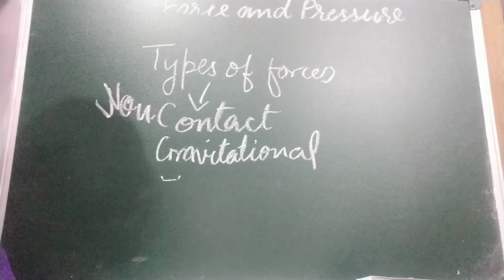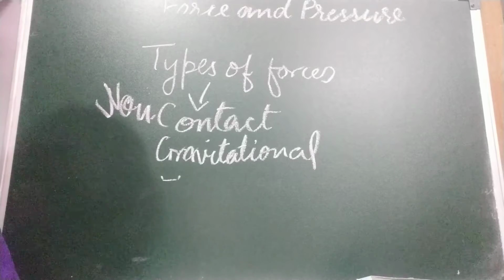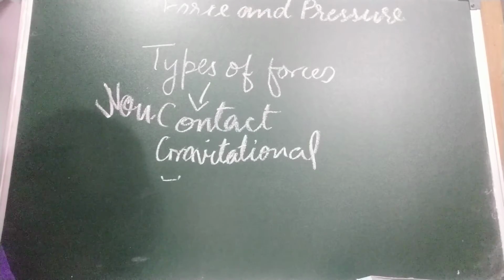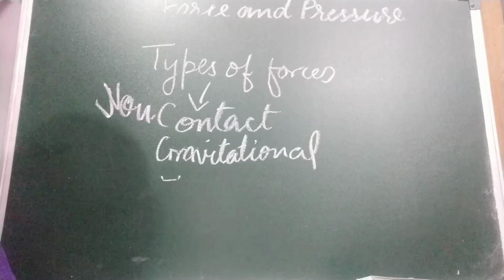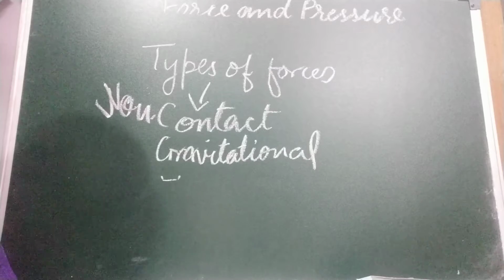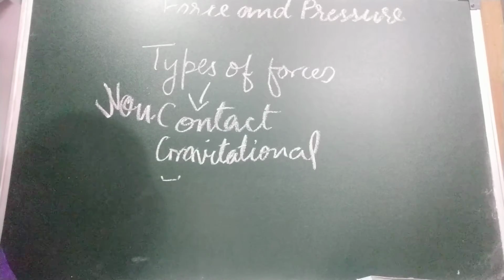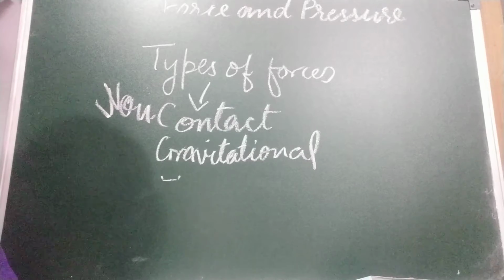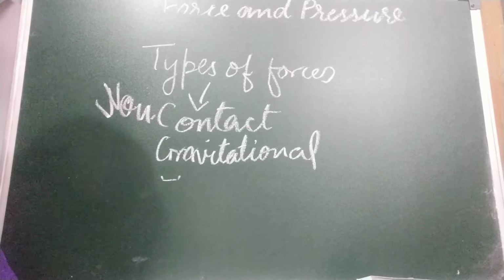Every object exerts gravitational force on every other object. The magnitude of this force depends on the masses of the two objects and the distance between them. Like two cars pull each other with the gravitational force even though it is very small.